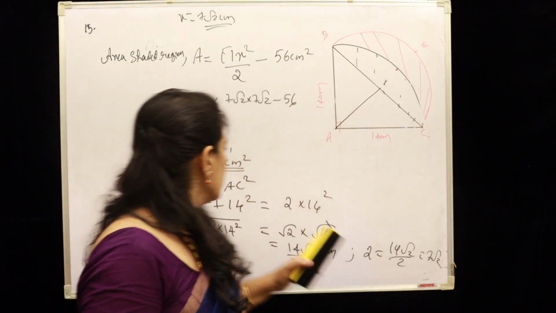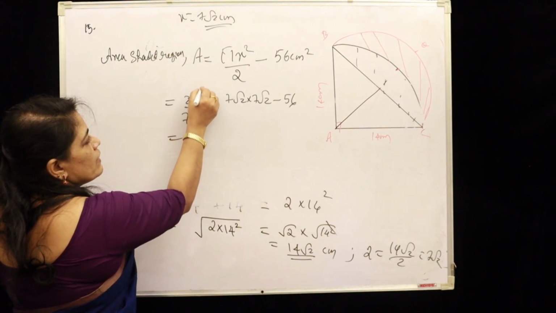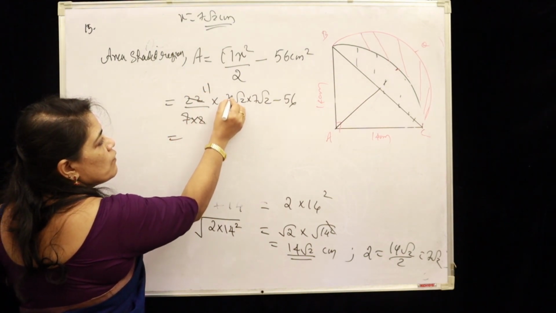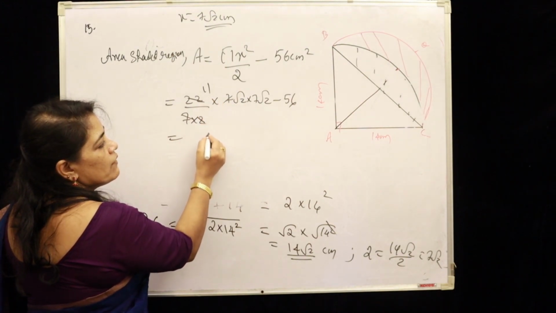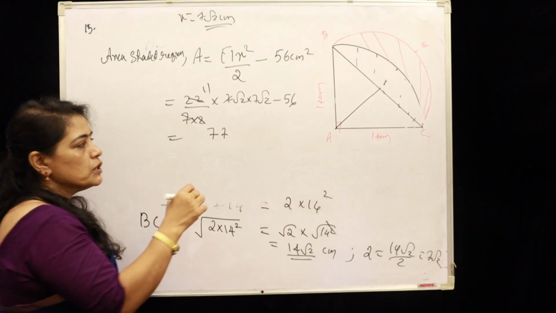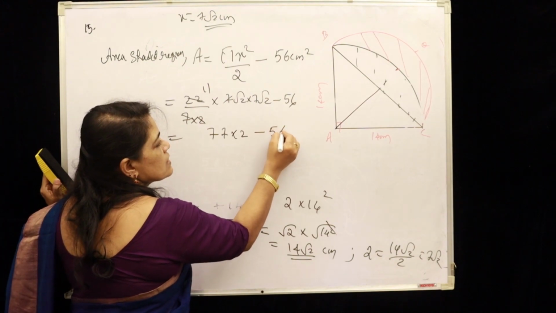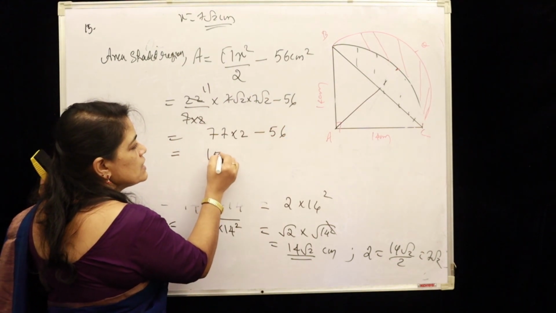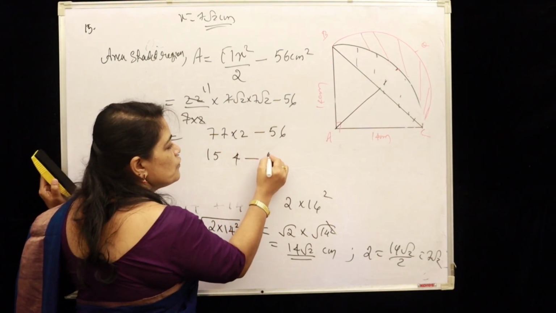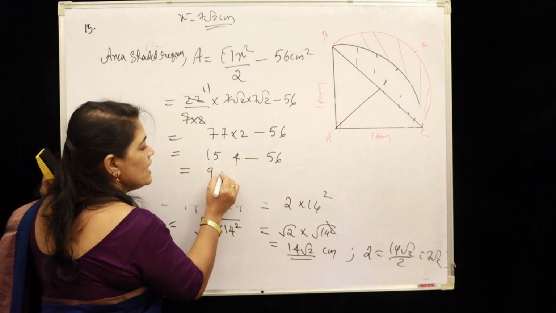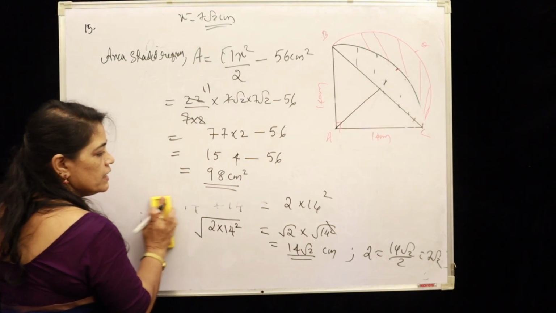Okay, so in the final calculation, the 2 goes 11 times, so this 7 and 7 get cancelled, so the numbers remaining are 7 into 11, 77, root 2 into root 2 is 2, nothing is there in the denominator, minus 56. That means 154 minus 56, that is 98 centimeter square is the area of the shaded region.